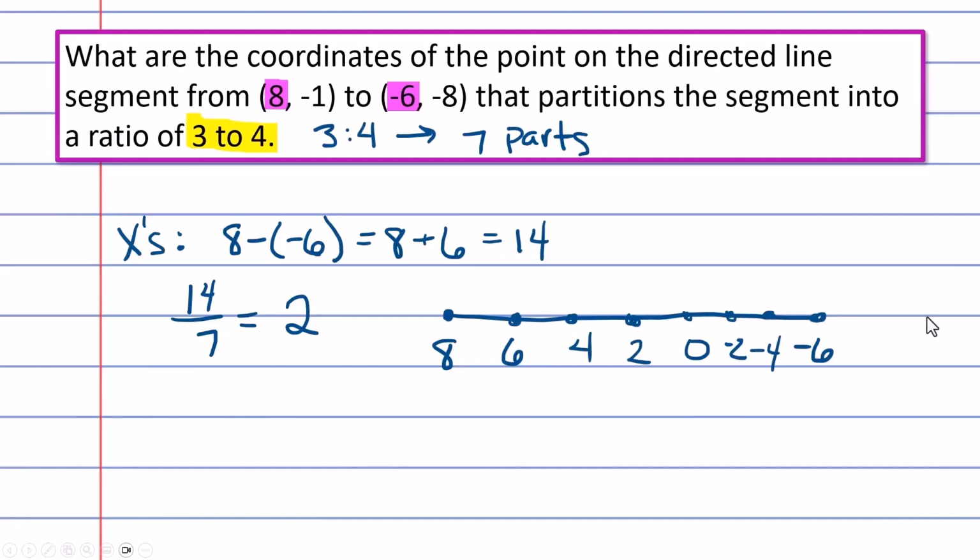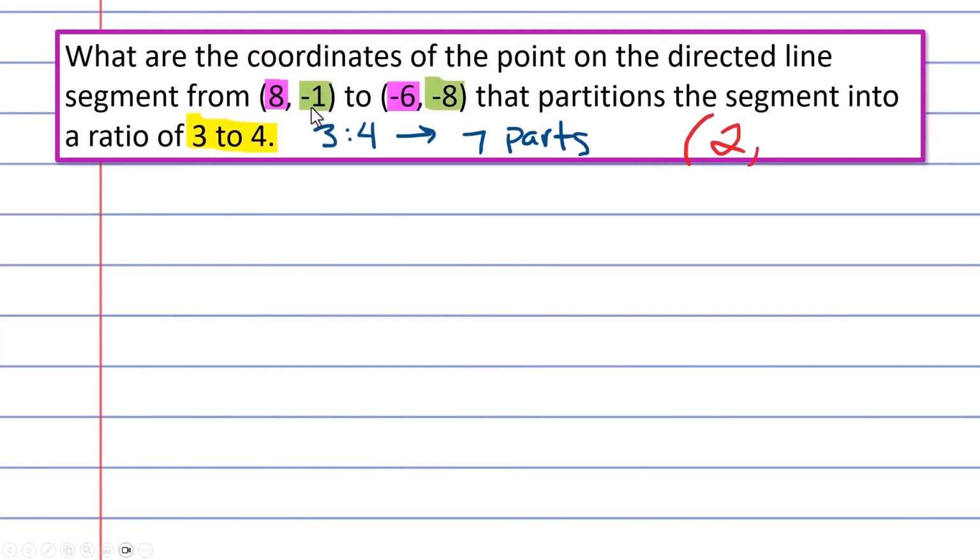I have 7 parts, which is the point that's going to get me 3 to 4. There's 3 pieces. There's 4 pieces, so that, now since these are the x's, that is the x coordinate of our answer. We're going to follow the same process and do it with the y's.